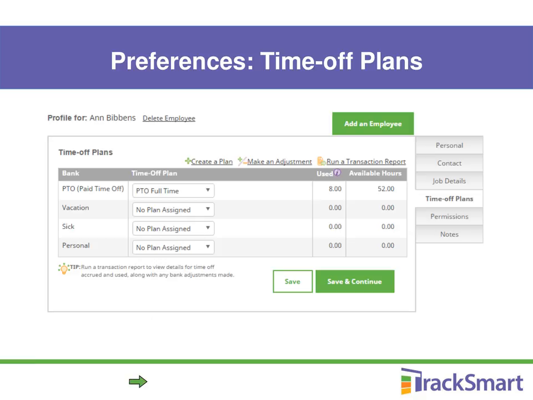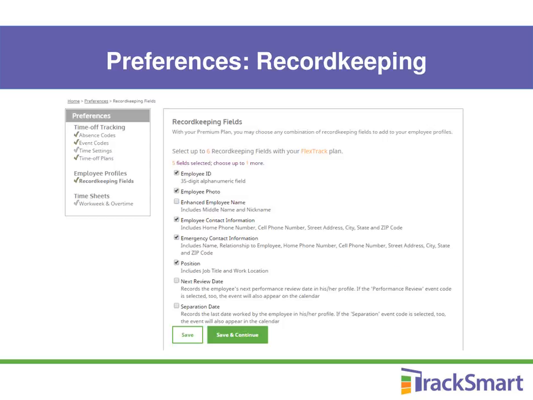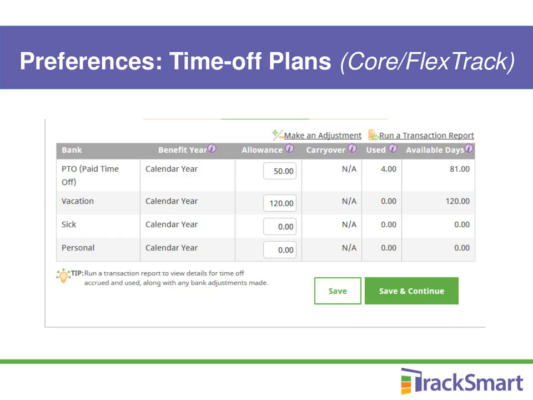Oh, sorry. No, this is right. Oh, this is the setup. Sorry about that. That's correct. What she was showing you is you're just making an adjustment by clicking on the Make an Adjustment link in the Employee Profile and the Time Off Plan tab. So that's a good way to start.